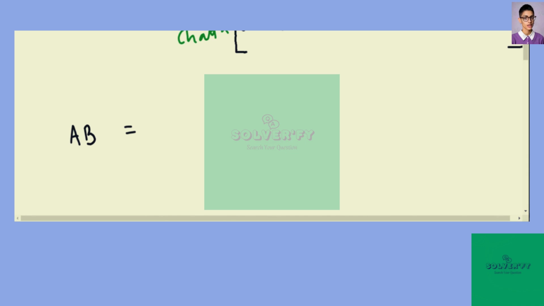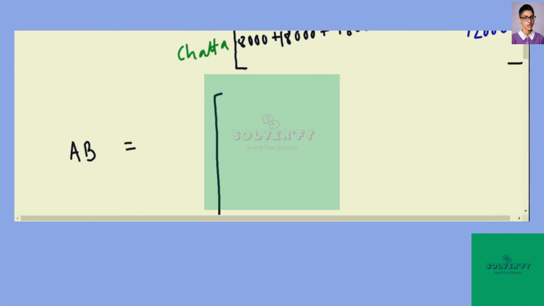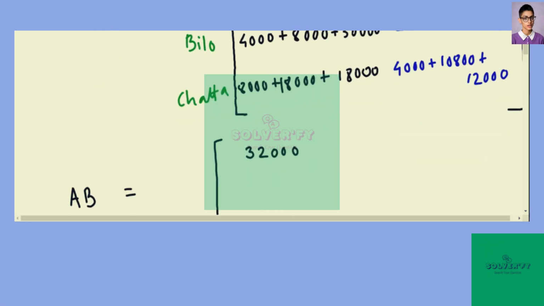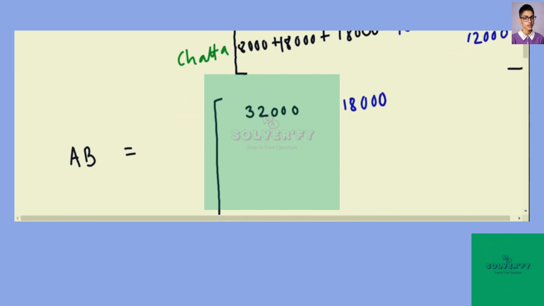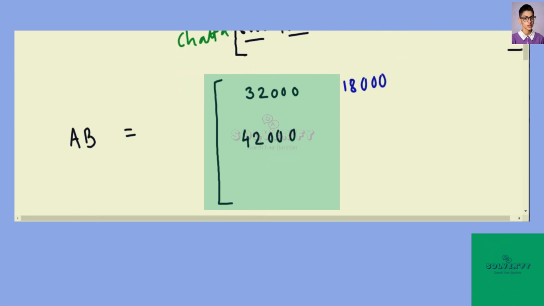So what is the final matrix AB? 12,000 plus 20,000 is 32,000. Then 6,000 plus 12,000 is 18,000. Now 4,000 plus 8,000 plus 30,000 is 42,000. And here 8,000, 18,000, 18,000: 36,000 plus 8,000 is 44,000.